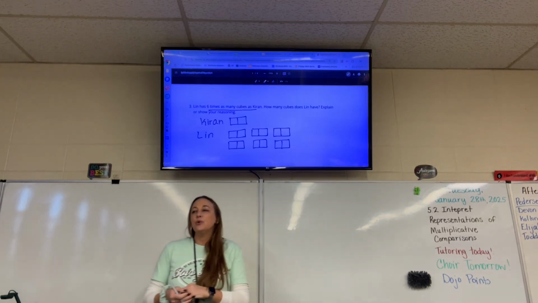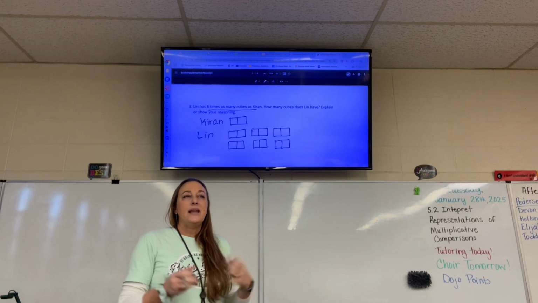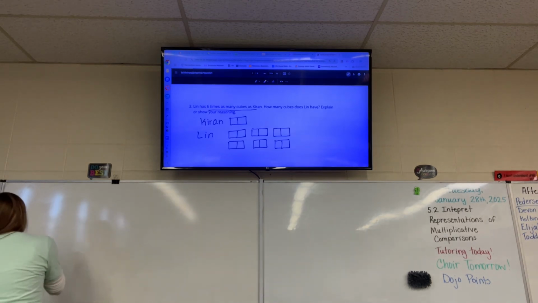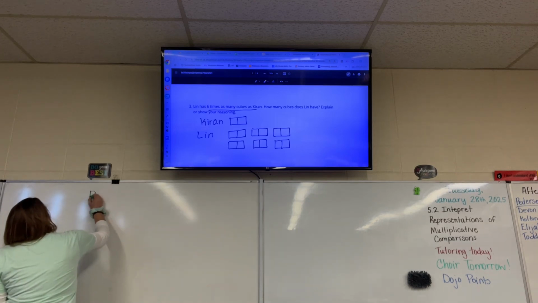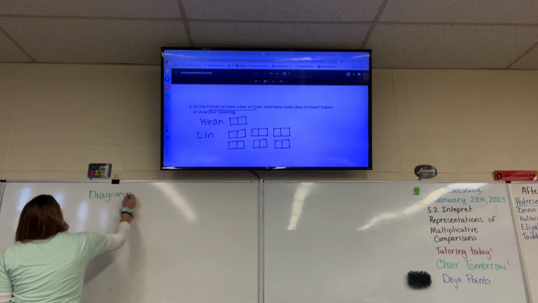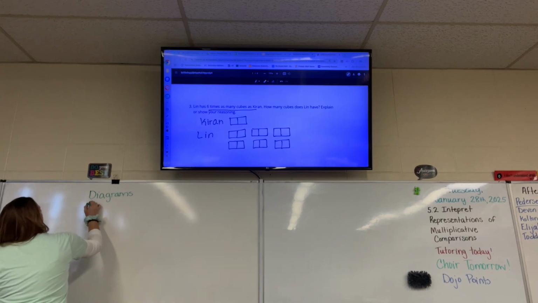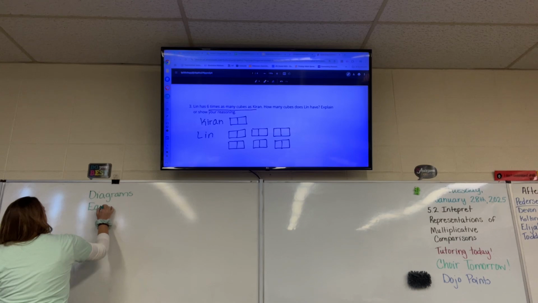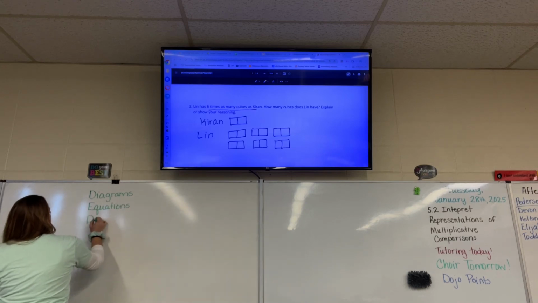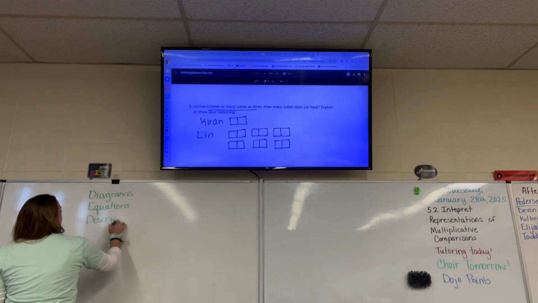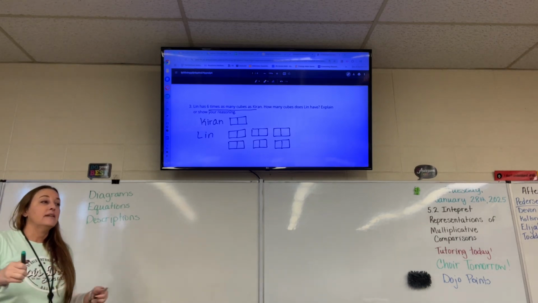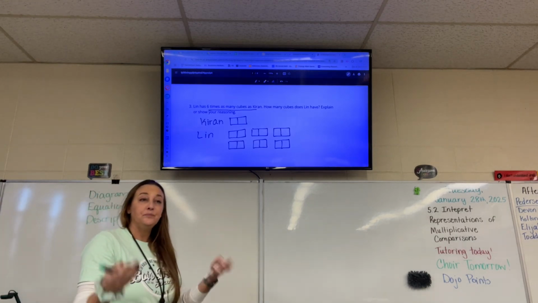Okay, so we have 2 more pages, but they go together. We have 3 things that we're looking at. Diagrams, equations, and descriptions. So the description is the words that are the word problem.